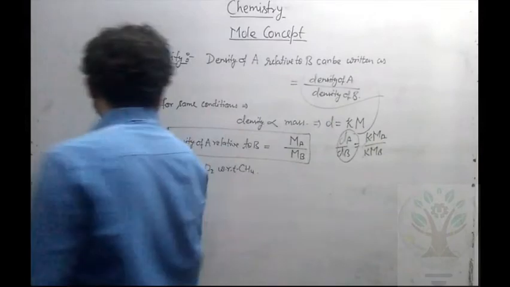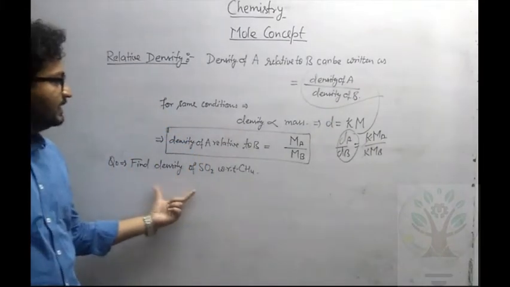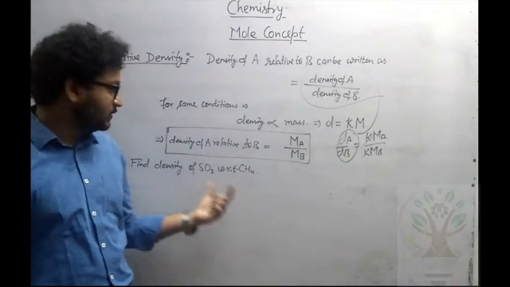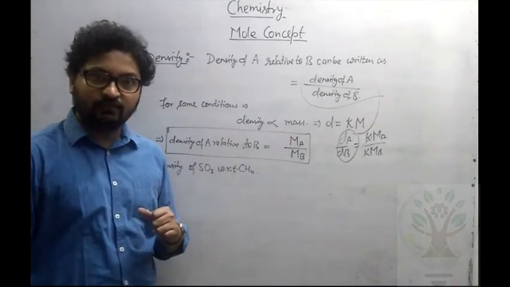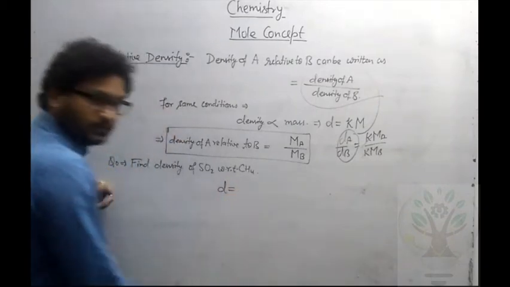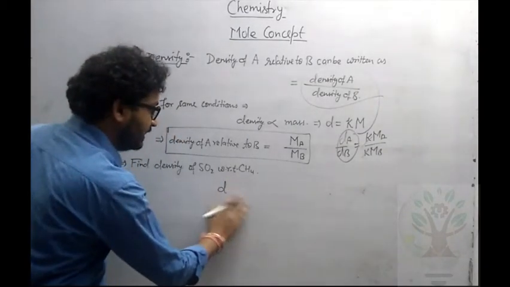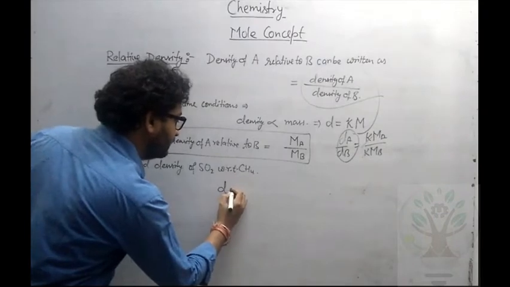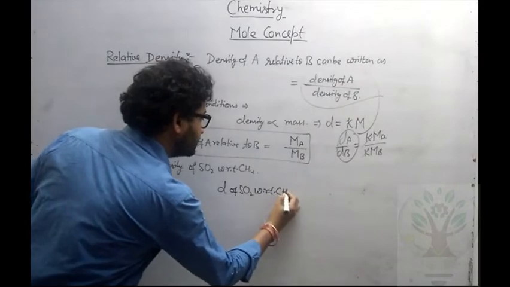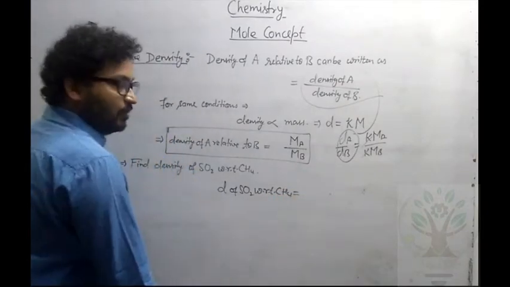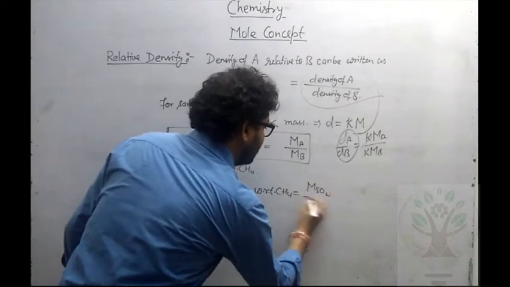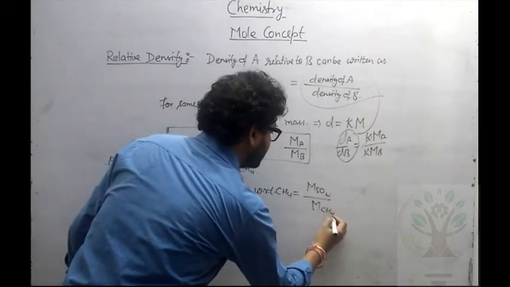For example, suppose somebody asks you, find density of SO2 with respect to CH4. How will we find it? If you want to write, you can write in this manner: D of SO2 with respect to CH4 will be equal to molar mass of SO2 divided by molar mass of CH4.